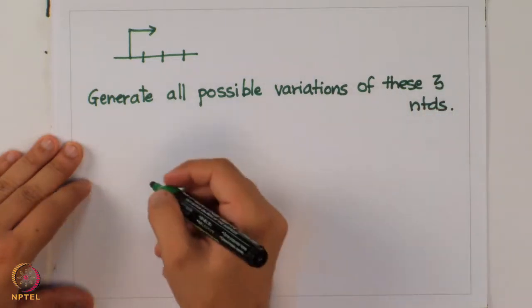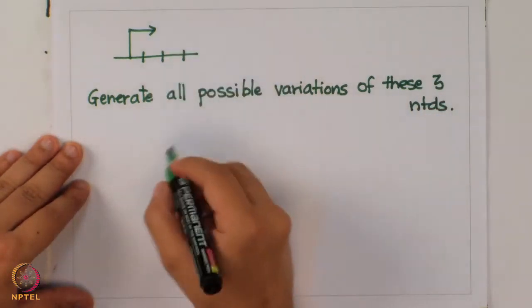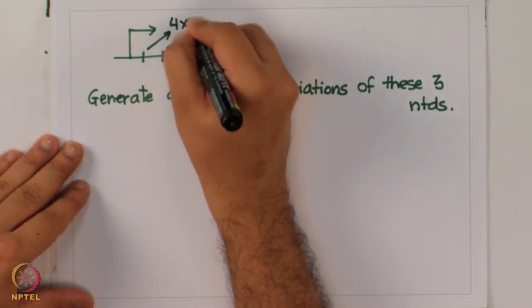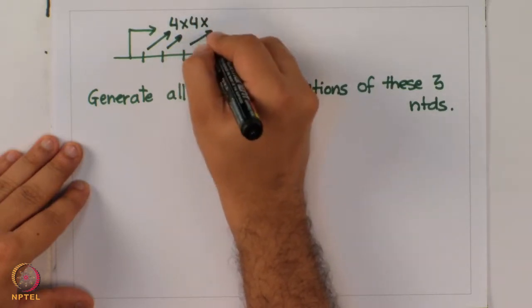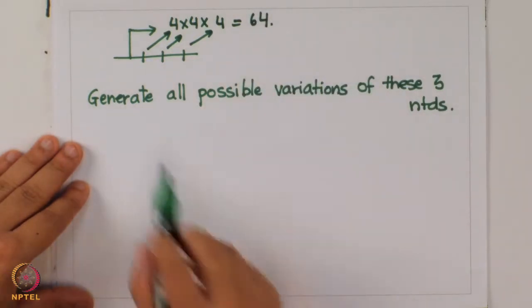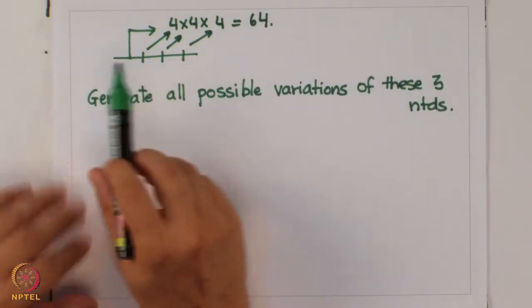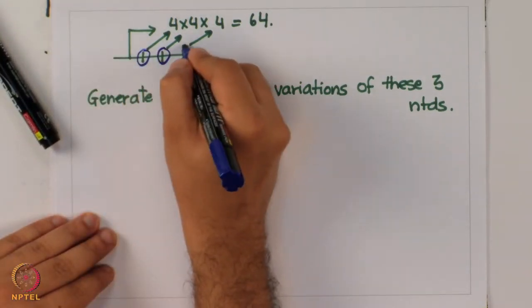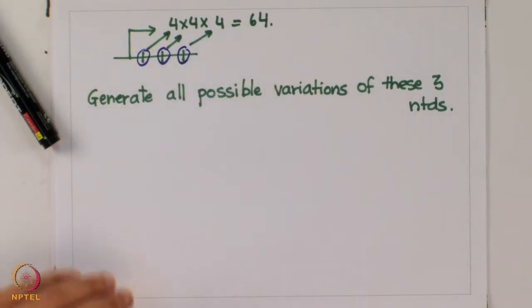And this is just a simple counting problem. The number of possible variations that we can generate is just going to be 4 options for this one, times 4 options for this one, times 4 options for this one. We have 64 possible sequences which we can generate, where we vary these 3 nucleotides and we keep all other nucleotides constant. We do not change any of the other nucleotides. These 3 are the only ones which we are interested in studying: how do they impact the promoter activity associated with this bit of DNA polymer.